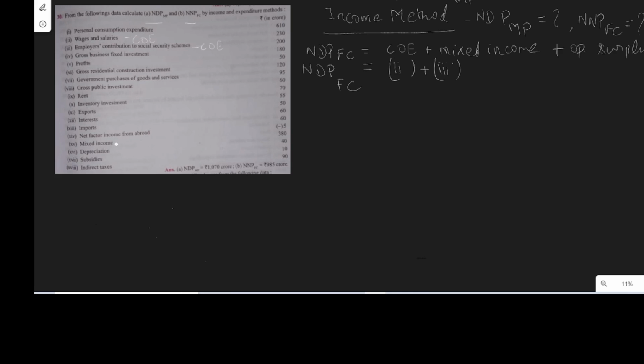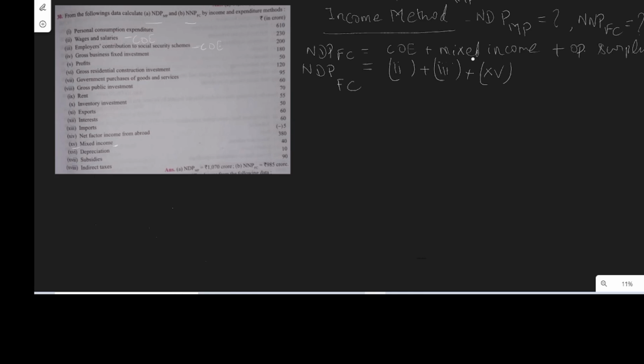Then mixed income. Are we given mixed income? Yes, we are given. 15th item plus mixed income. If mixed income is not given to us in any question, then we can write 0 in place of mixed income. Then operating surplus: we are not directly given operating surplus, but we are given the components of operating surplus. The components are rent, interest, profit, royalty.